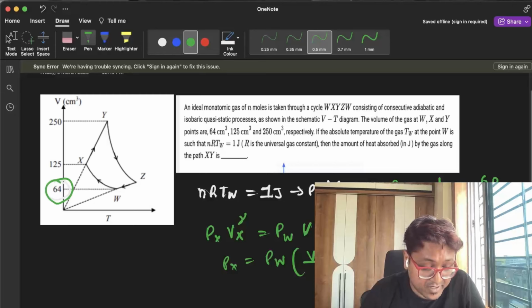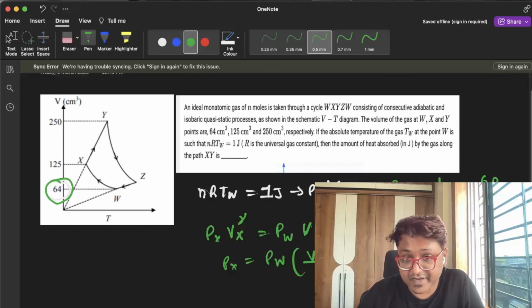Now, one thing very important here is that the heat absorbed in the XY process can be easily identified. Q equals n Cp delta T. And we know that this will be n times 5 by 2 R times Ty minus Tx, because we have the heat absorbed in that process here.